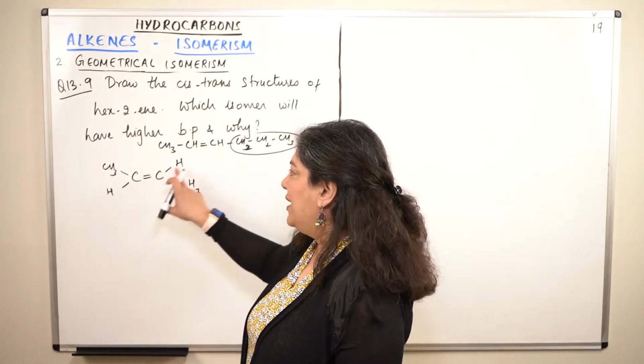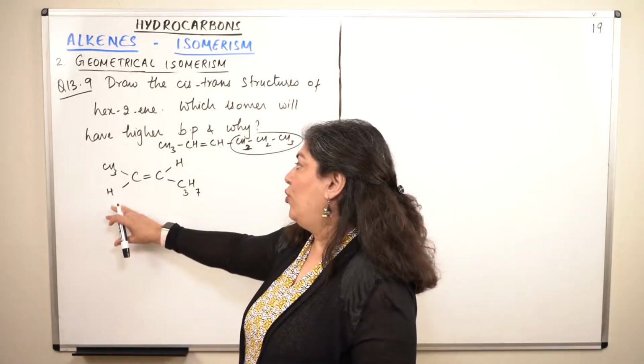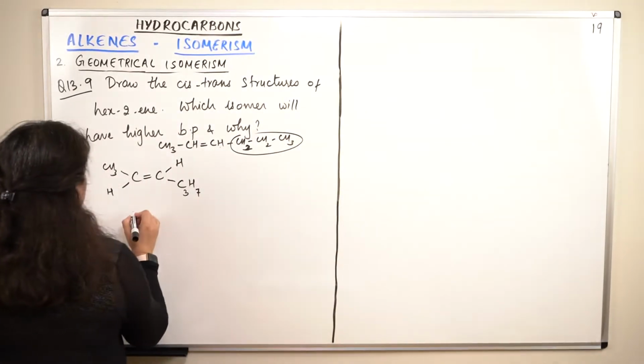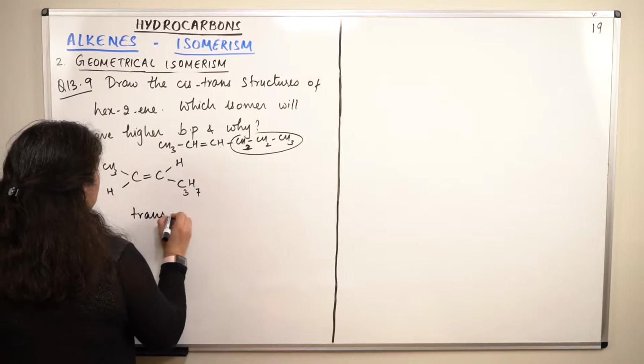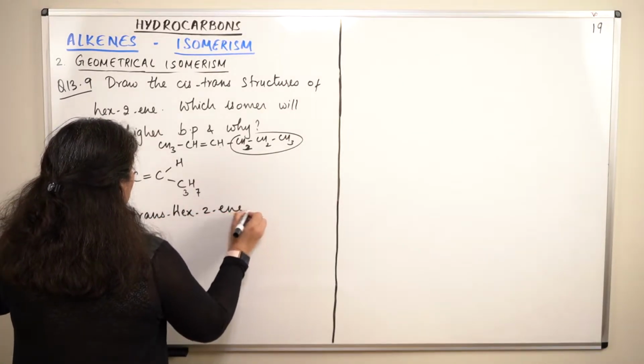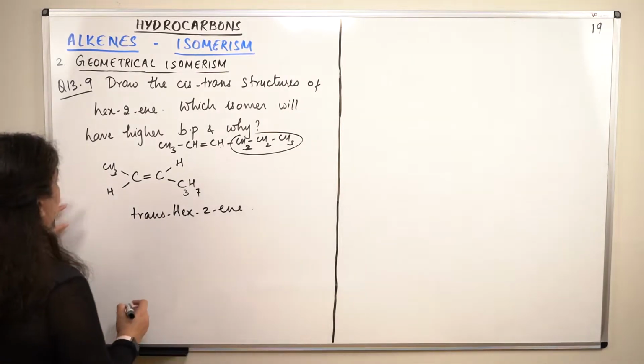Why? Because the two hydrogens which are similar are falling on the two sides of the double bond. And this is the trans isomer, trans hex-2-ene. Okay? And let's make the cis isomer then.